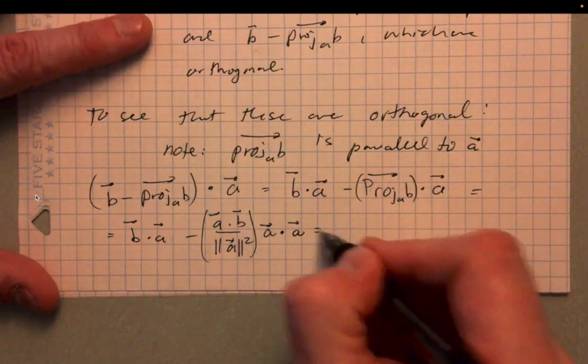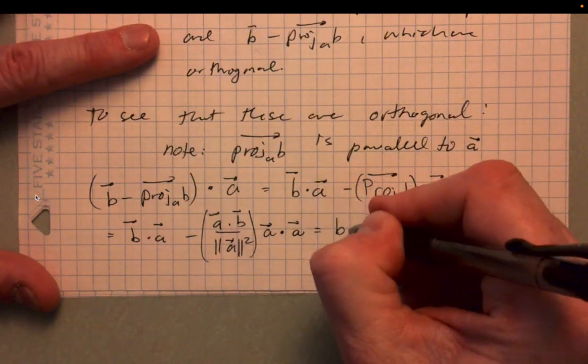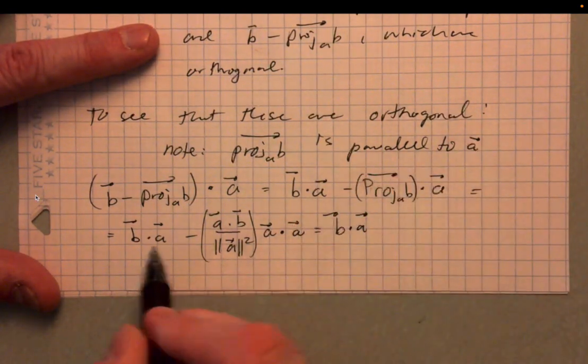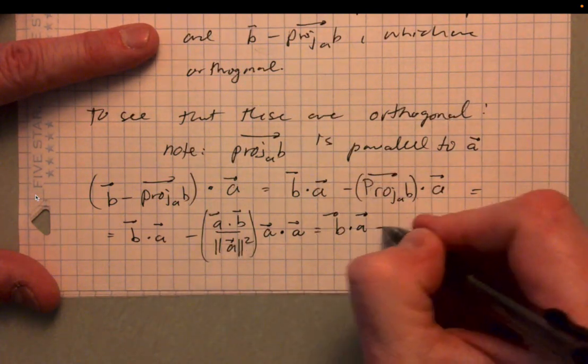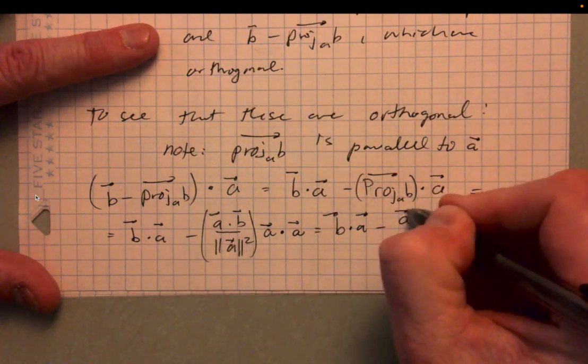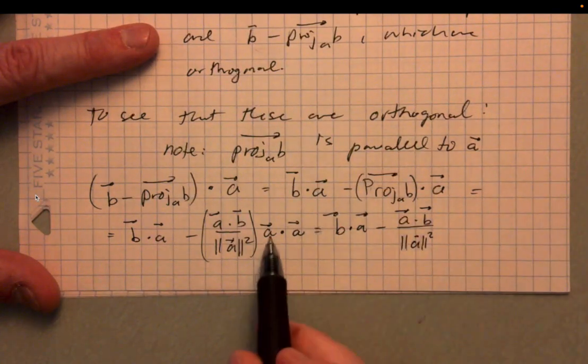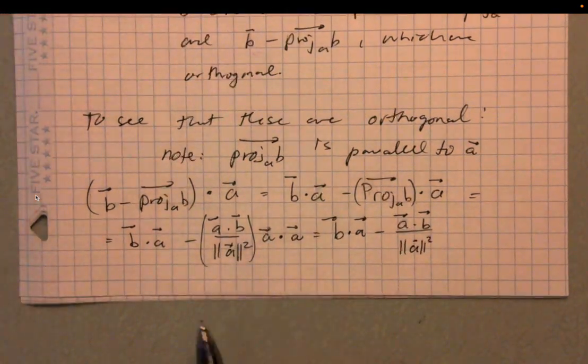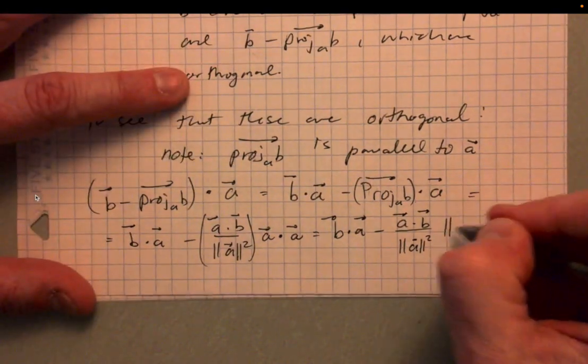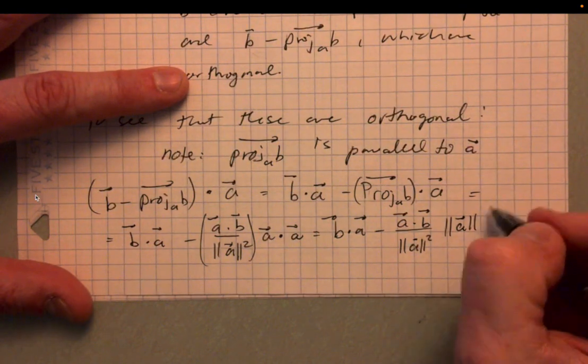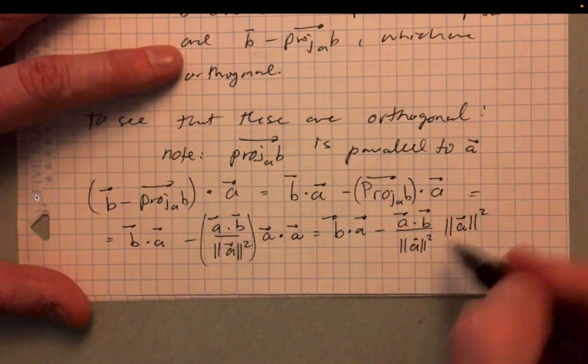And we know then that this is B dot A still over here, and this is still A dot B over the norm of A squared. Now what is A dot A? What happens when I dot a vector with itself? That's the same as the square of the norm, right? We saw this early on. So you get this, and then look at what happens.